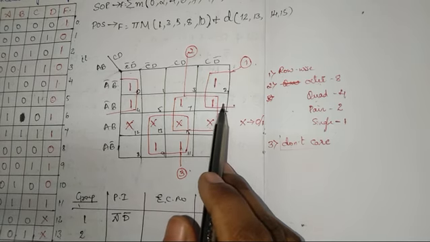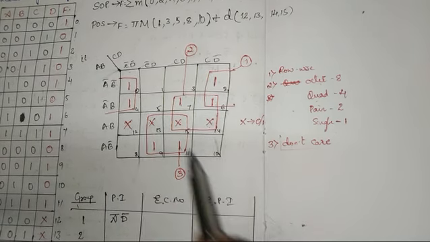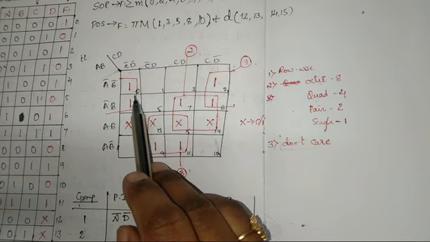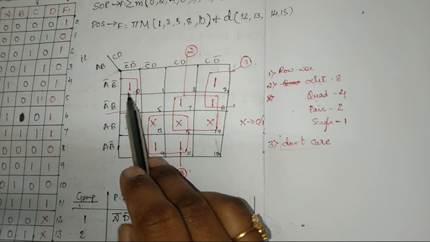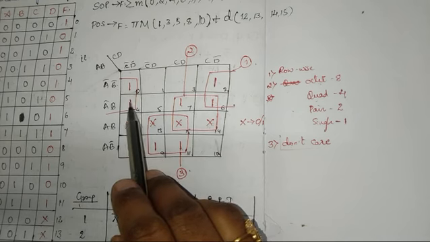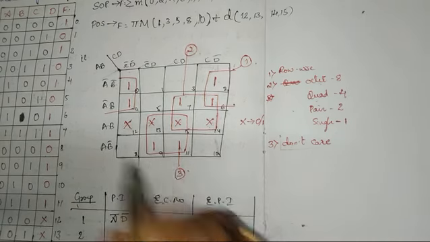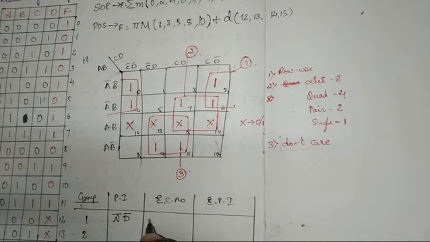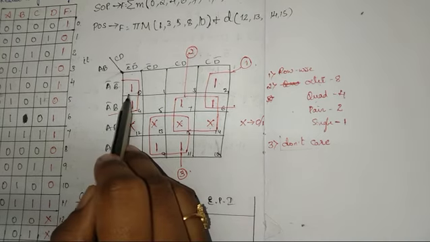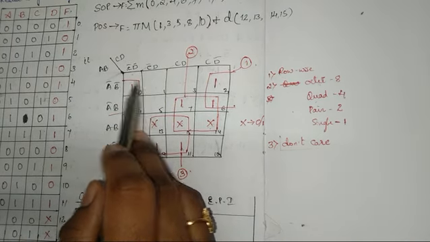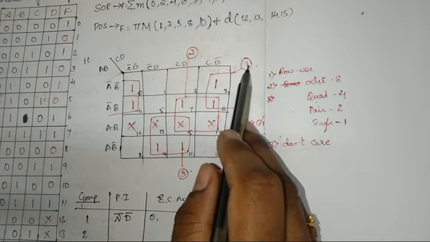Essential cell numbers means the cell numbers with ones which are not used by some other group, not shared by some other group. So this one in cell number 0 is not being used by other groups, it is used by only group 1.